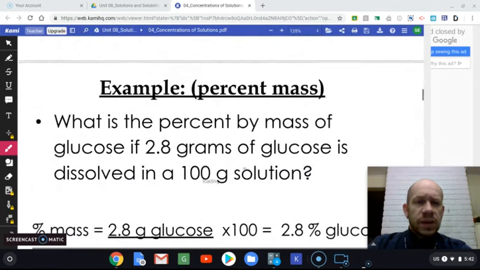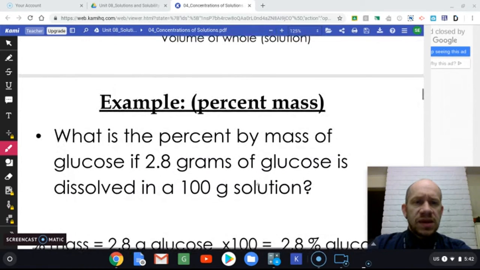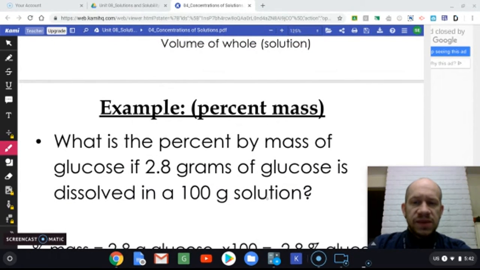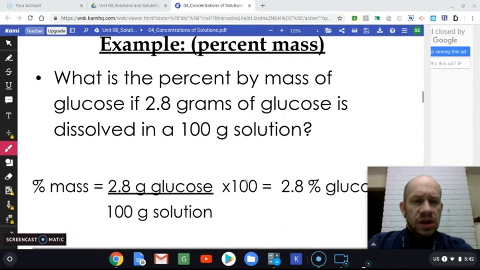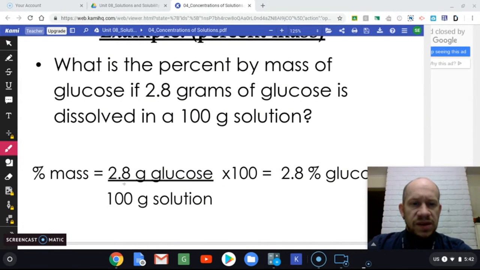So for example, what is the percent by mass of glucose if 2.8 grams of glucose is dissolved in a 100-gram solution? So this is a little different. So you're going to use your percent by mass. So the part is your solute, the 2.8 grams, and the mass of your solution is the 100 grams.